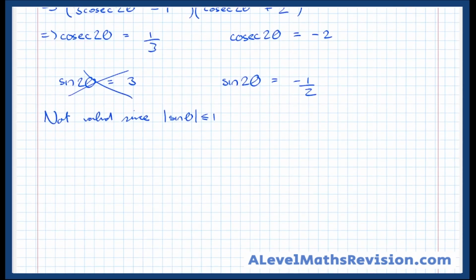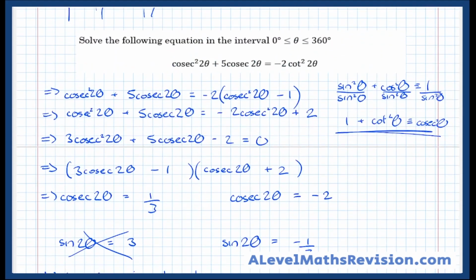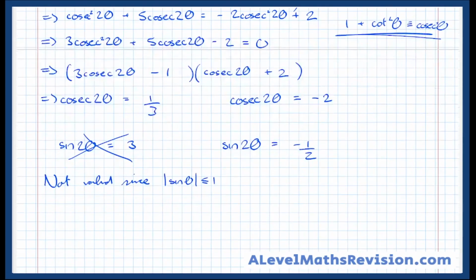And this one, it's 2 theta we're finding, so let's go back. The range is 0 to 360 for theta, but for 2 theta, it'll be 720 that we need to find the solutions for.